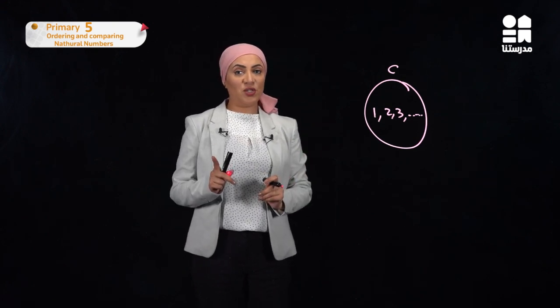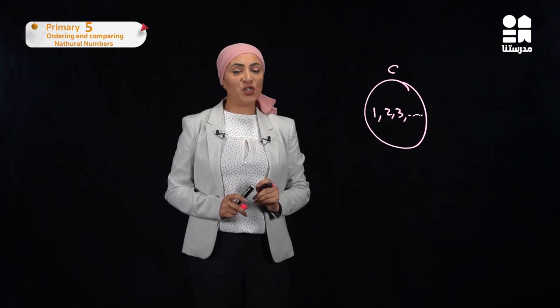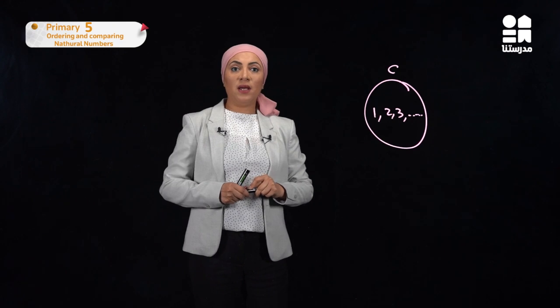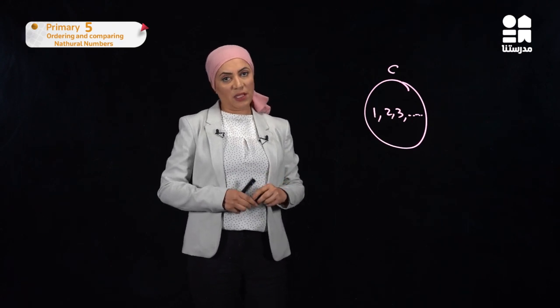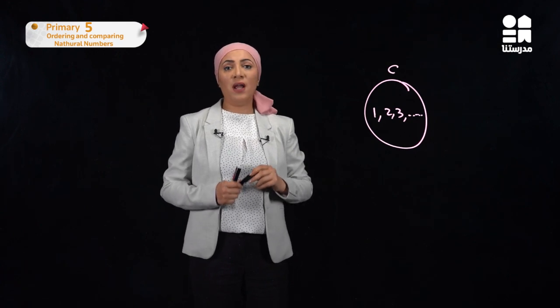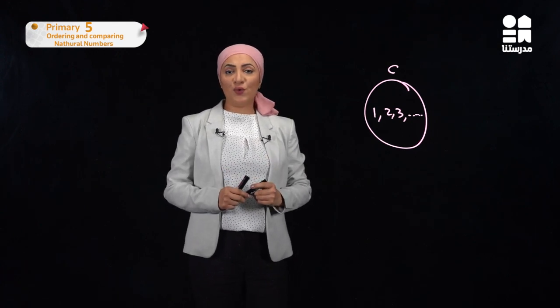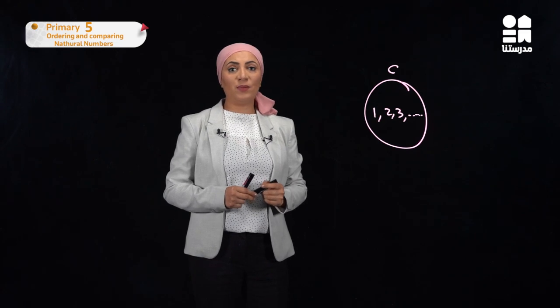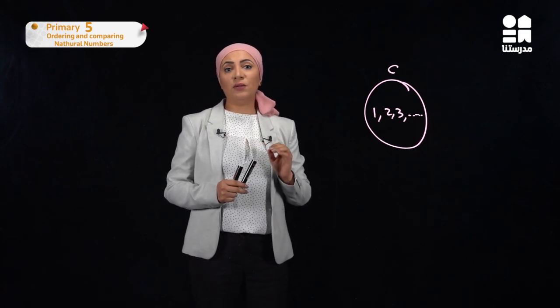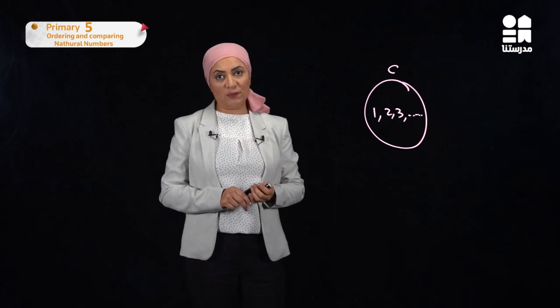And pay attention, I don't use fractions or decimal numbers while counting or using the set of counting numbers. This is not correct. I have to use whole numbers. I never use fractions or decimal numbers.